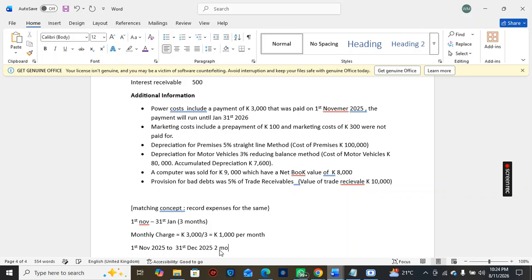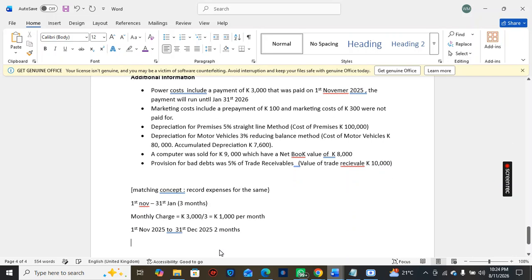So the expense we need to incur for the year, the expense for 2025, is 2 months multiplied by 1,000 kwacha per month, which gives us 2,000. So this 2,000 is the power expense for this year.